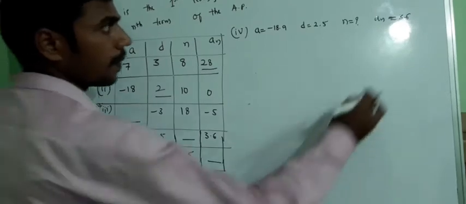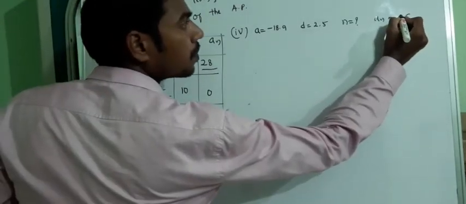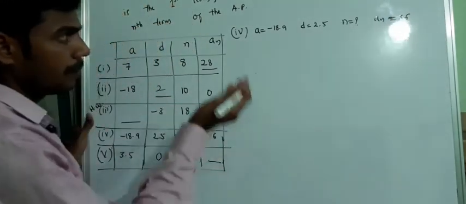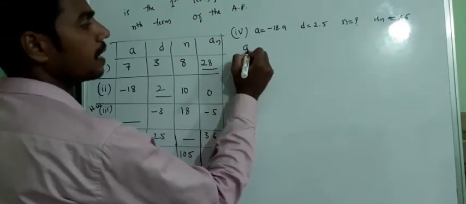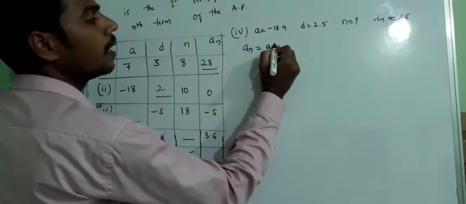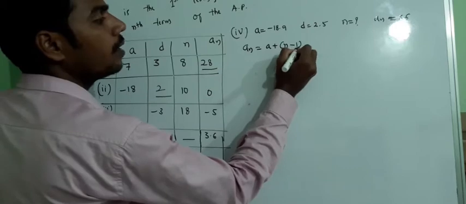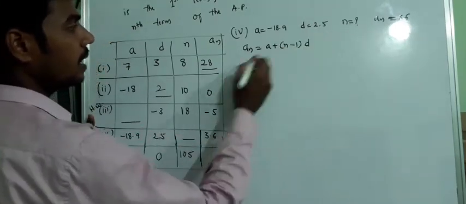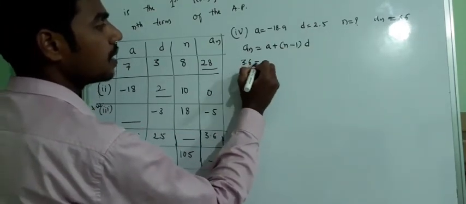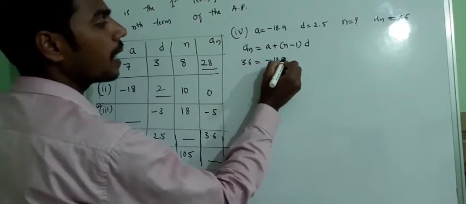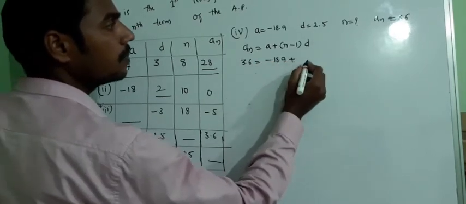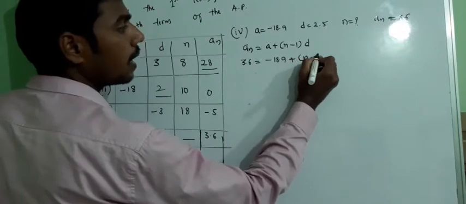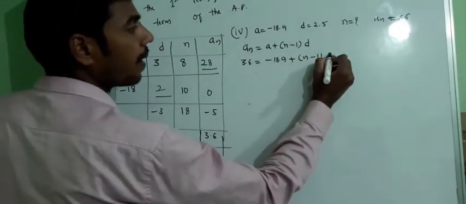Now we make use of the same formula, that is AN, the nth term, we know, is A plus n minus 1 into D. What is AN given? 3.6. A is minus 18.9, plus the number of terms we need to calculate, n minus 1, into D, which is 2.5.